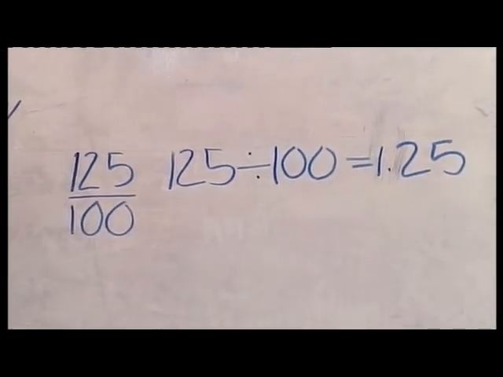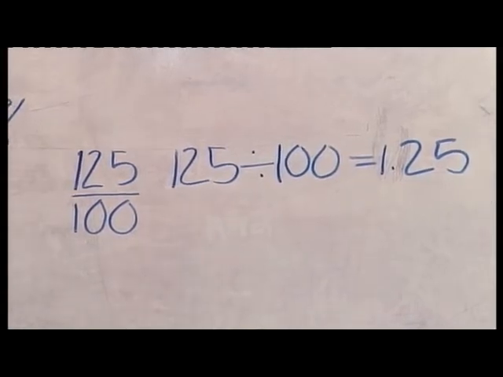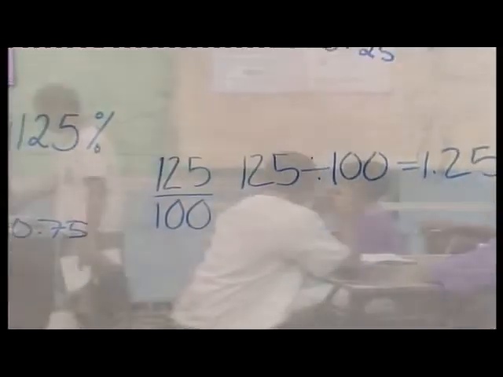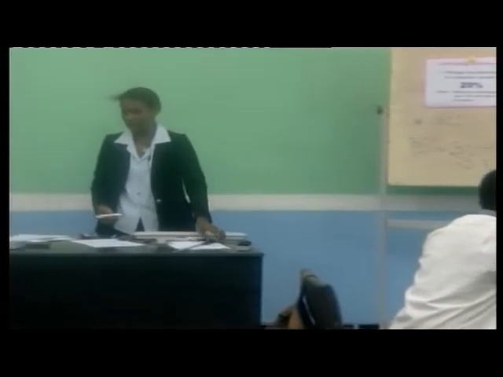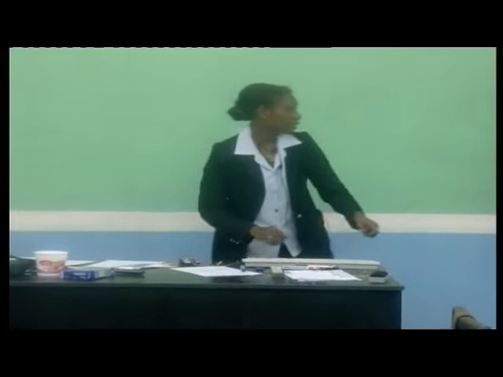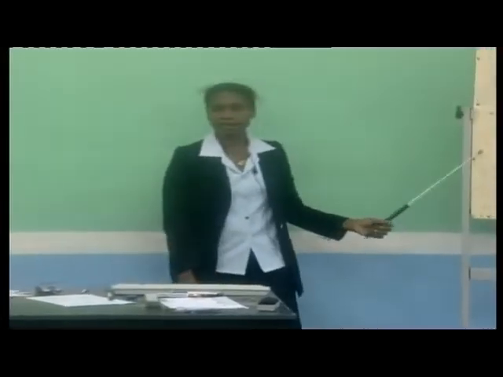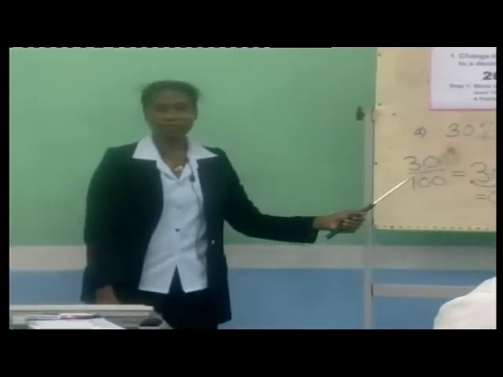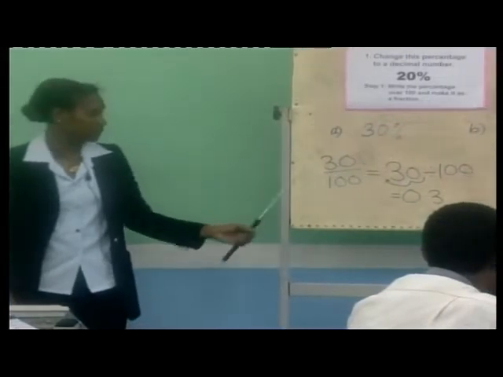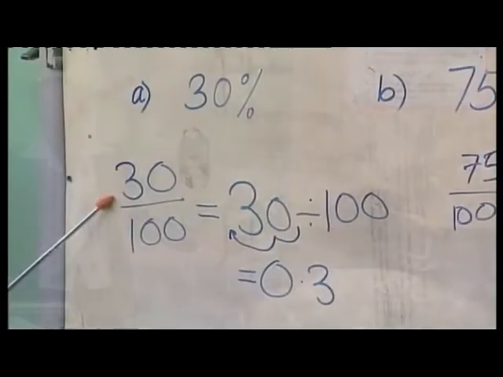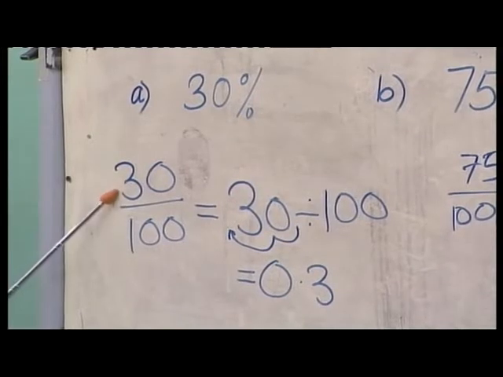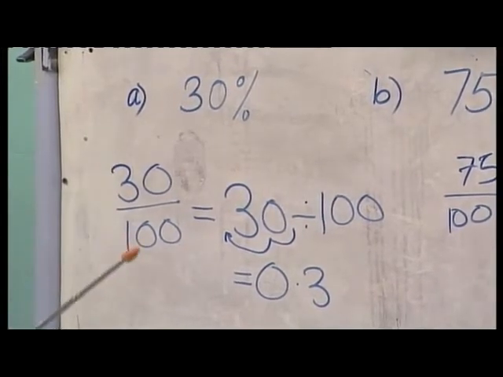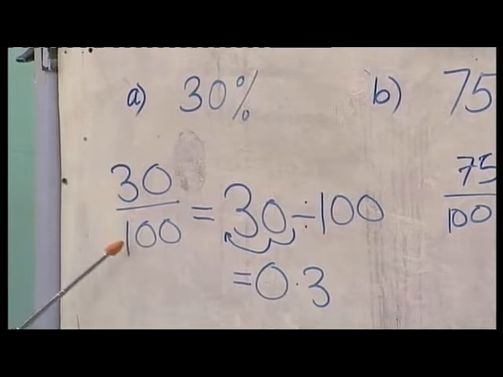Okay, thank you, Joe. Class, looking up now on the whiteboard, let's have a look at what our friends have written on the board. Look at the first exercise, 30%. Step number 1, you are to write that percentage as a fraction. So in this case, 30% over 100, or 30 over 100.